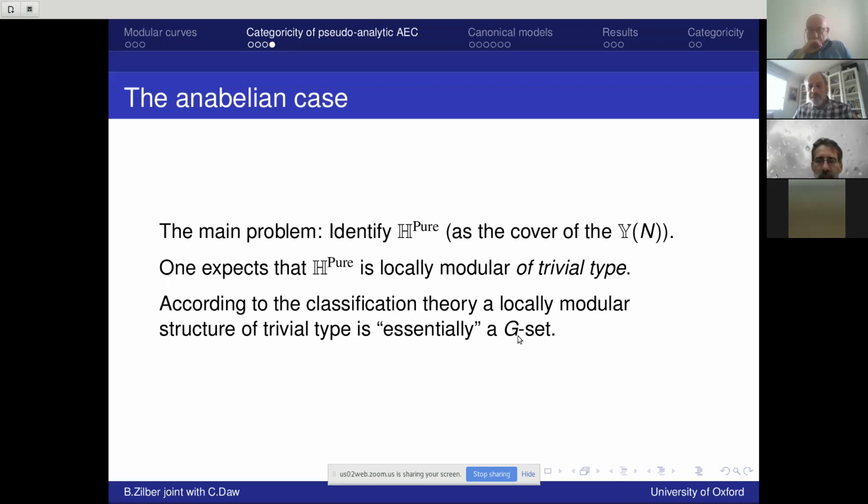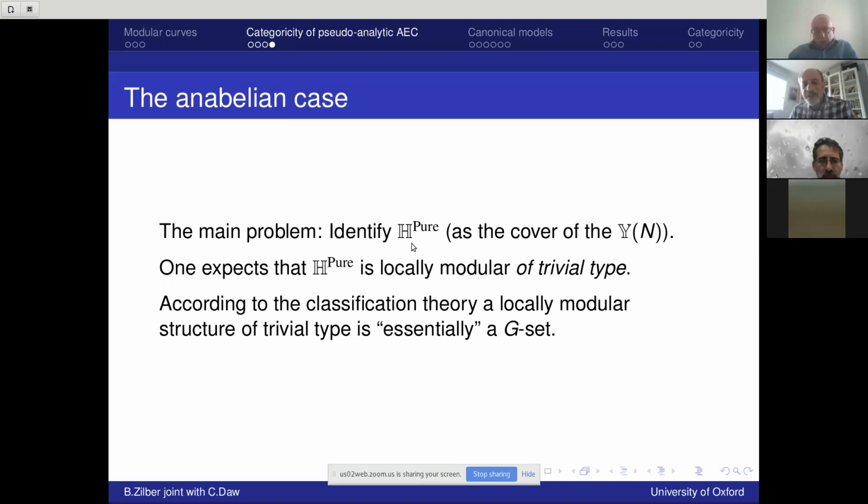So it is essentially a G set. So G would be some group that you have to describe, and this group acts on H, and we immediately start guessing what this group G should be.